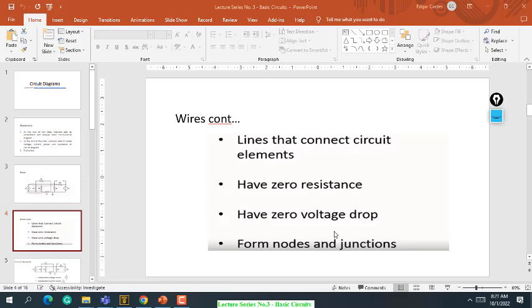If that is zero resistance, that's the ideal conductor, but in theory it's not. That is also zero voltage drop. Is there any questions, clarifications on the wire before we proceed with another parts of a circuit diagram?